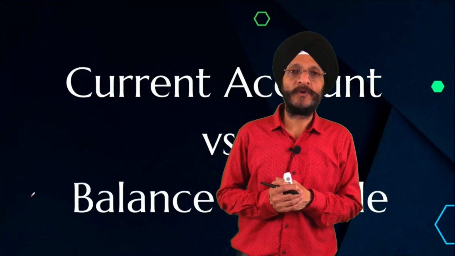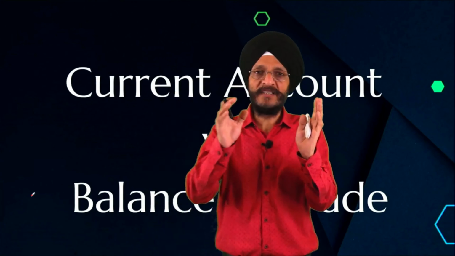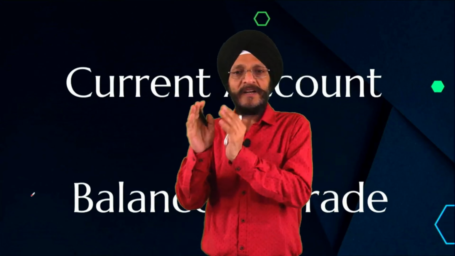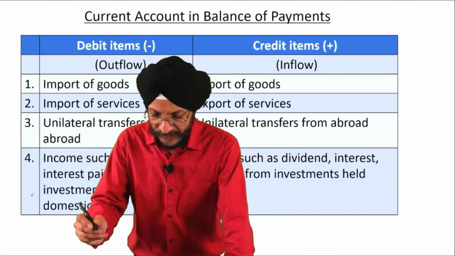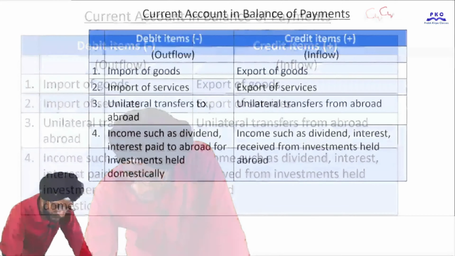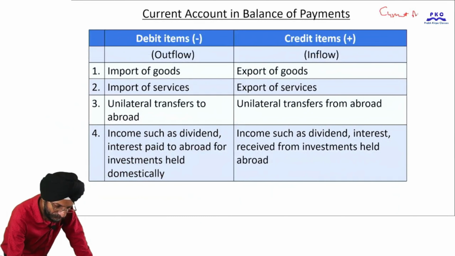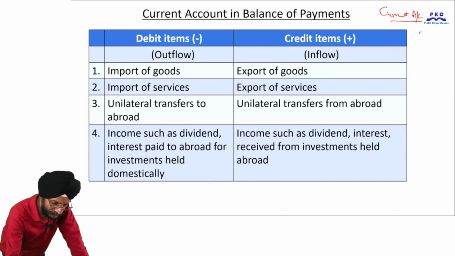Now the topic before us is current account versus balance of trade. We will now understand the difference between current account and balance of trade. In case of current account, we know that there are four components.